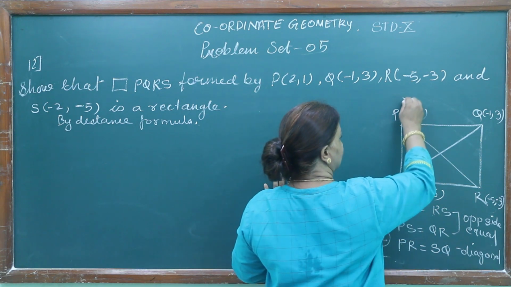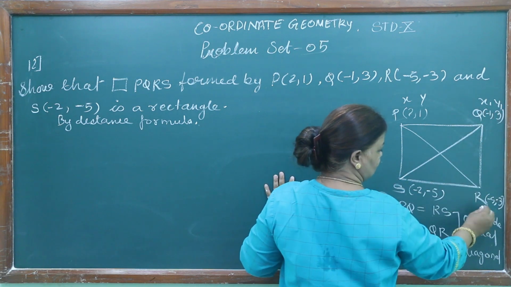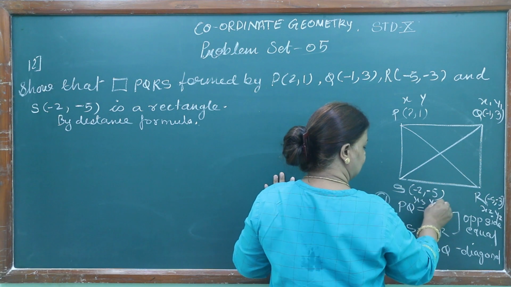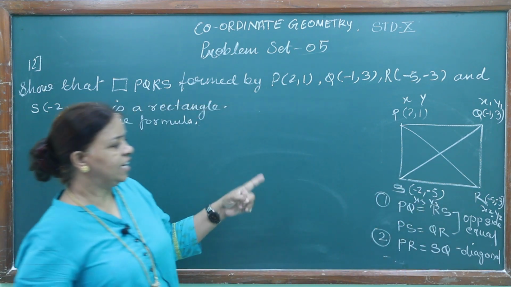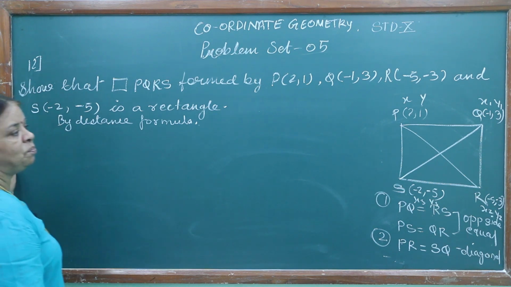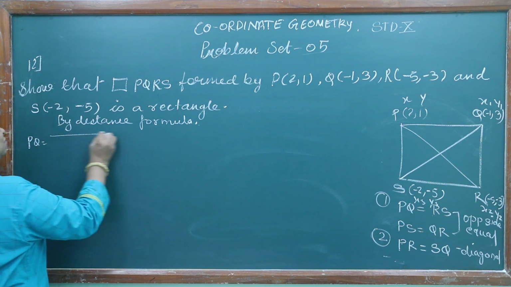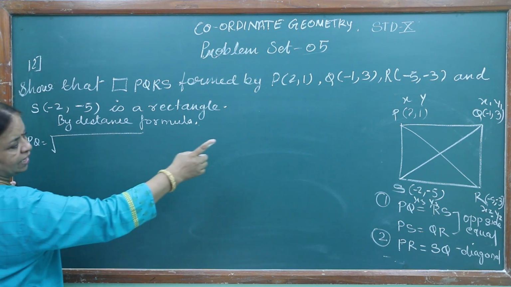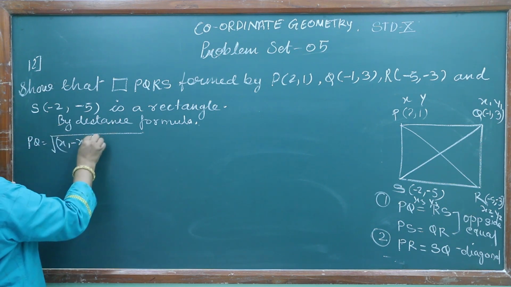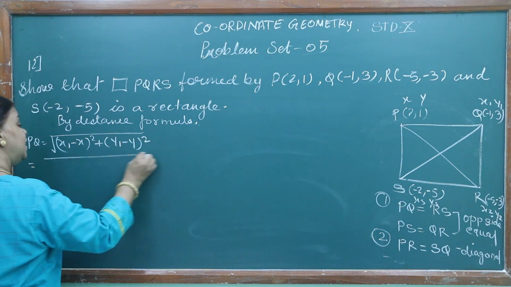Okay, let us name them as x, y, x1, y1, x2, y2 and x3, y3. Okay, coordinates we have assumed. Now let us use distance formula for finding PQ and SR. So PQ length by distance formula, P coordinate and Q coordinate: under the root, x1 minus x the whole square plus y1 minus y the whole square.